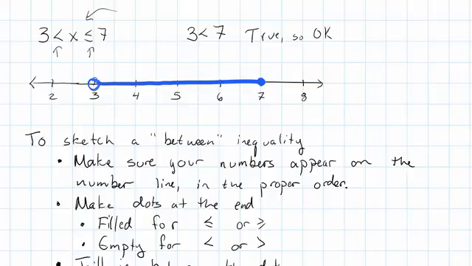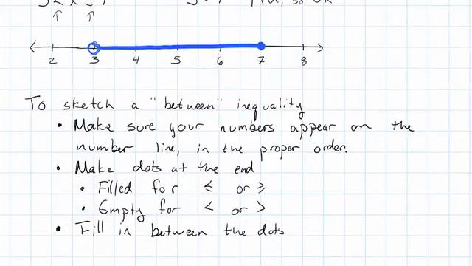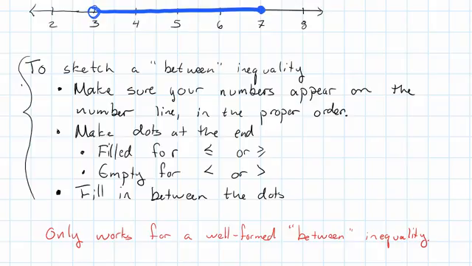If that is not true, we can't write one of these between inequalities, and we therefore cannot use this technique. This technique only works if we have a well-formed between inequality. That is, a between inequality that actually makes sense. Otherwise, we need to use more sophisticated techniques.